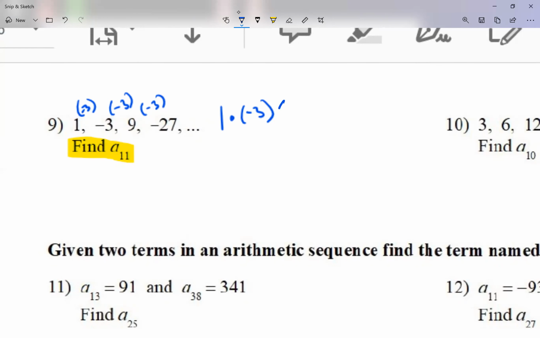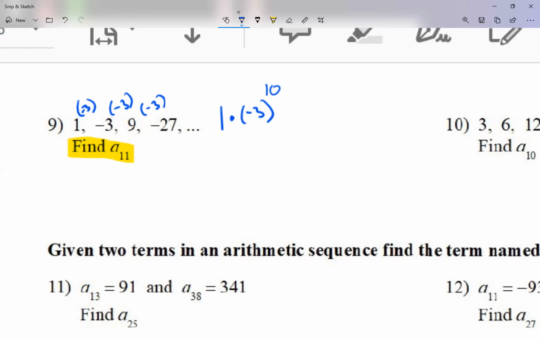Now do me a favor. Don't put the 10 here. Negative 3 times 10 is basically adding negative 3. When multiplication is repeated, we're not going to put the 10 there. We're actually going to put it as an exponent. We learned that when repeated multiplication, we use that as an exponent. So I'm going to have to do negative 3 to the 10th.